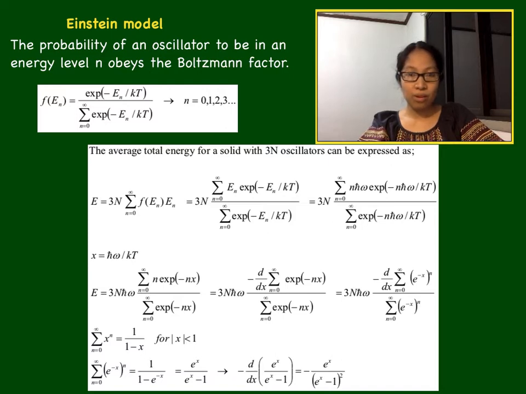Then we recall that the sum of x raised to an exponent n, where n is from 0 up to infinity, will yield the expression 1 over 1 minus x, if the absolute value of x is less than 1. So, substituting e raised to minus x for the x, we expect the value 1 over 1 minus e raised to negative x.